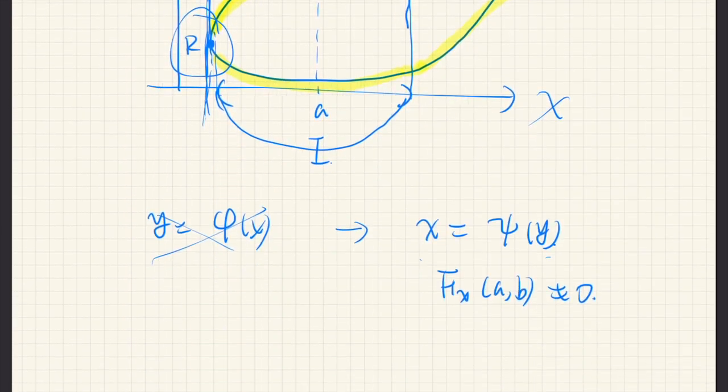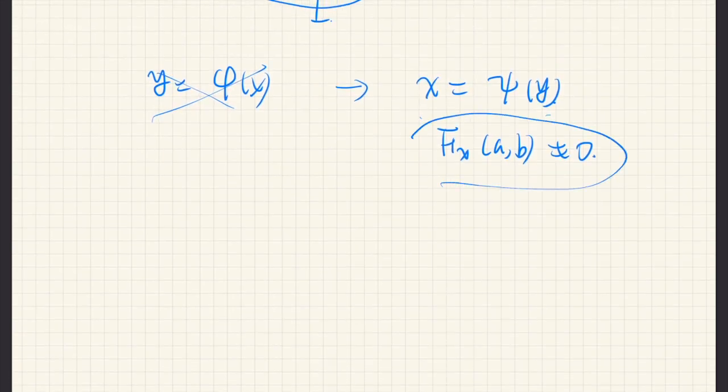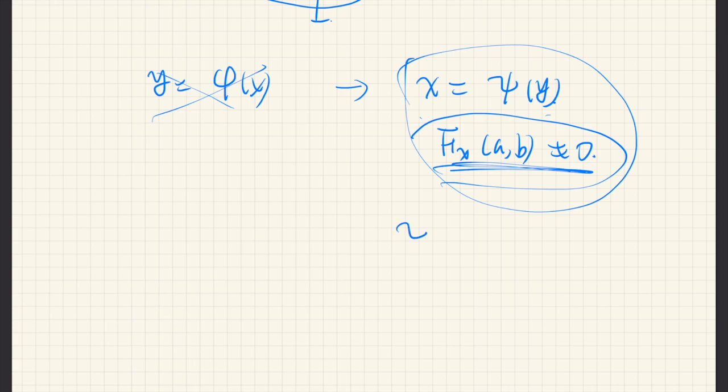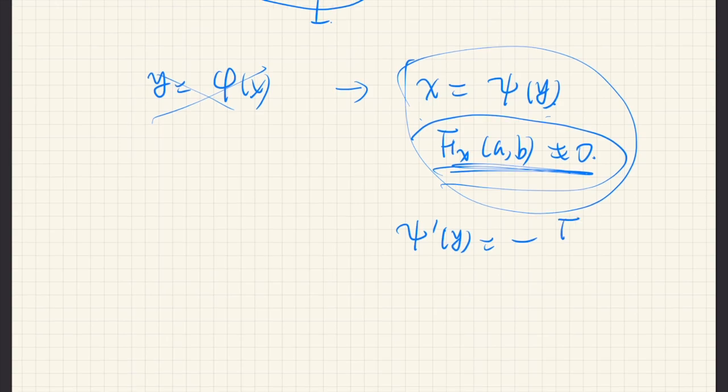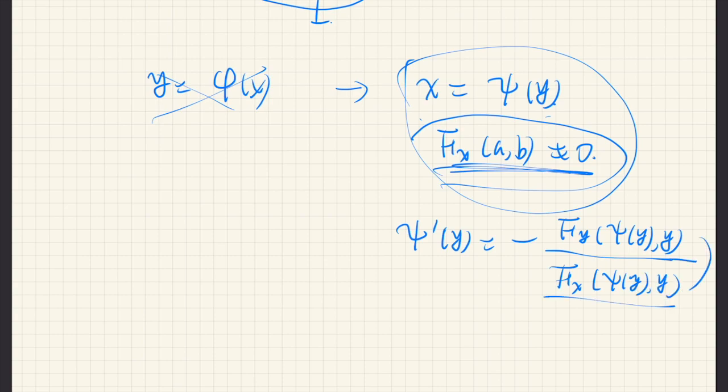In this case, this cannot be zero because we divide by it. And by symmetry, we should have something like this for psi prime of y, so this cannot be zero.